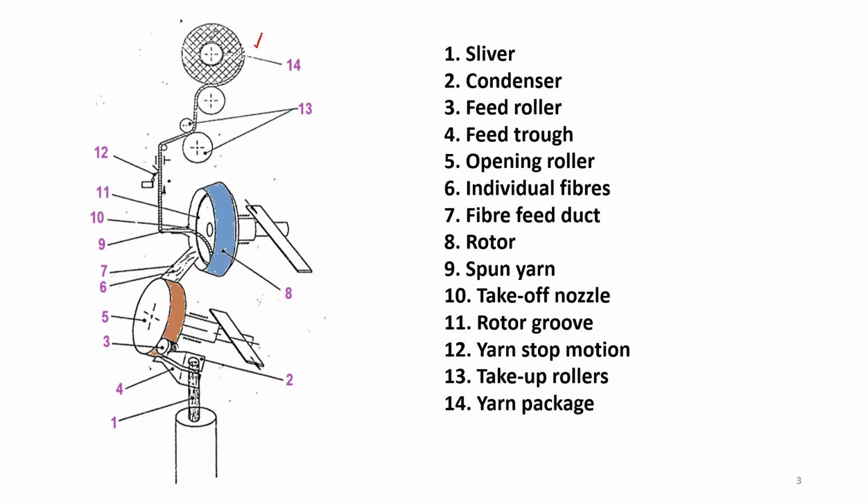One thing we should remember: from the sliver to the yarn stage, the fibers move through different stages, but everywhere the mass flow rate is maintained, considering there is no waste, no fiber loss, and also no fiber breakage.